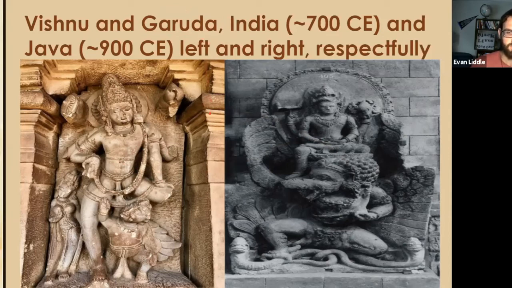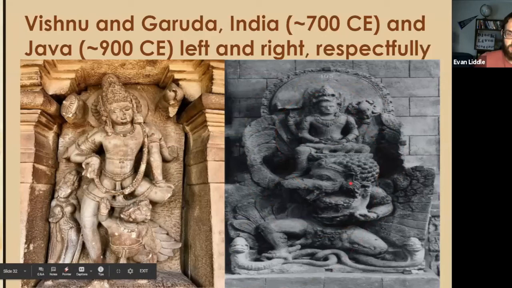Usually a bird of some sort, and we can definitely see the bird elements. Note the feathers here. What's interesting about these statues is that this on the left is Vishnu, a statue created in India around 1300 years ago. And this was created in Java, what is now Indonesia, about 1,000 years ago.